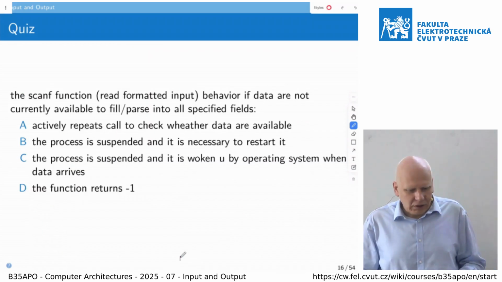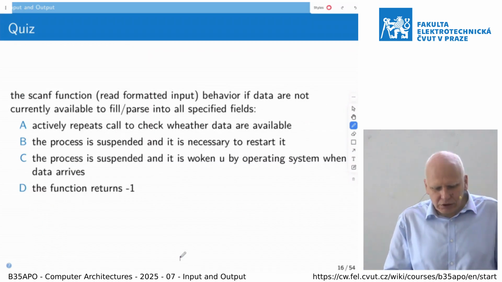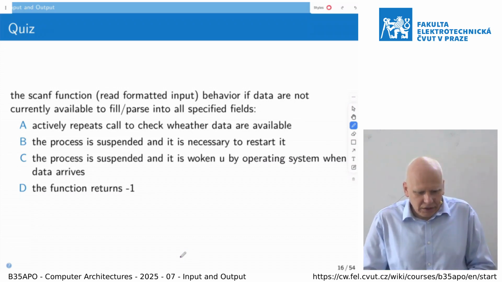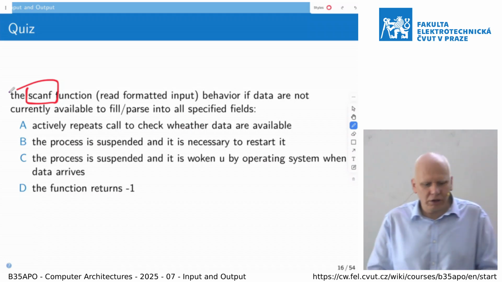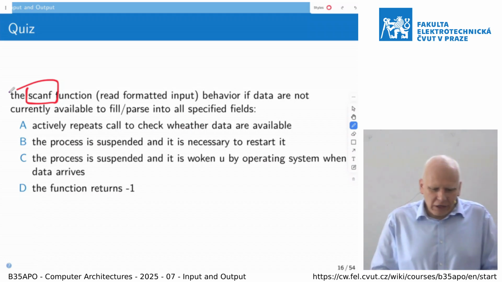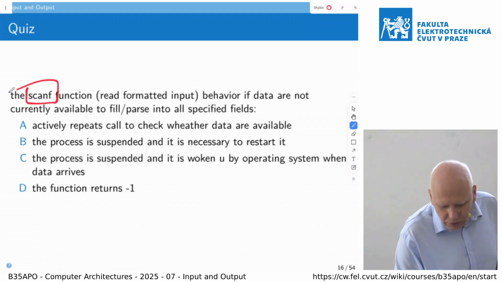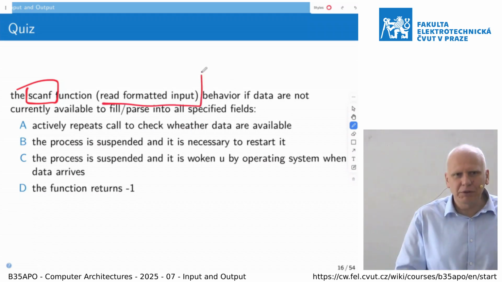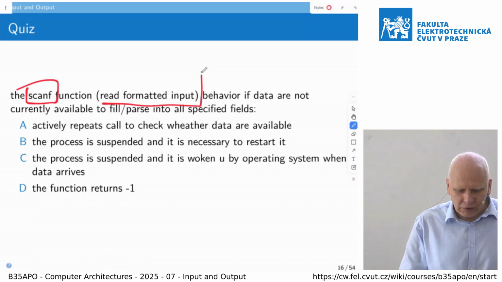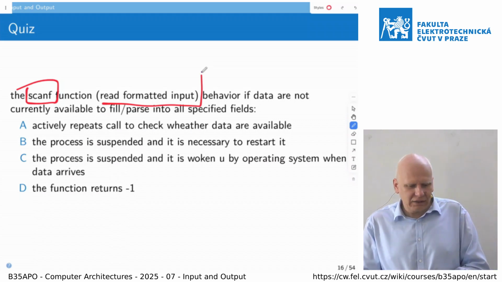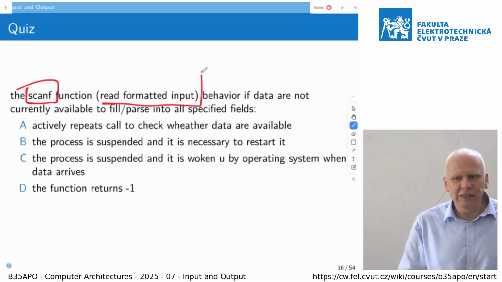Okay, so there is a question, because you have probably used the scanf function during your second homework. What happens if you try to read formatted input, for example those integers, and you call scanf, and the data are not yet available?